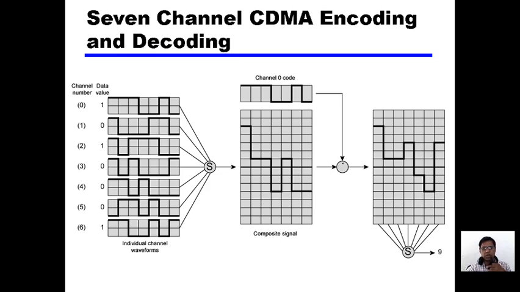Here it is transmitted by streamlining, adding the 7 channels, composing the individual channel waveforms, and combining them into a composite signal.